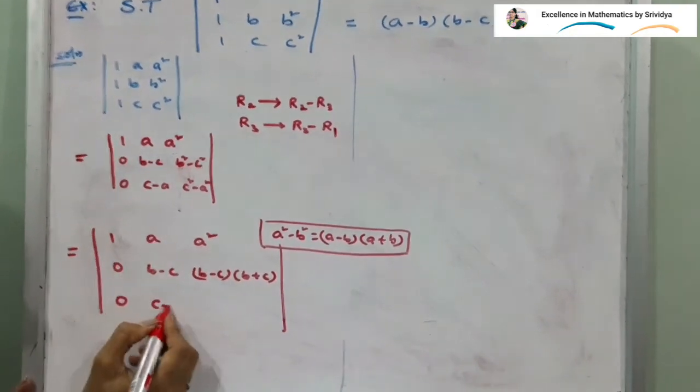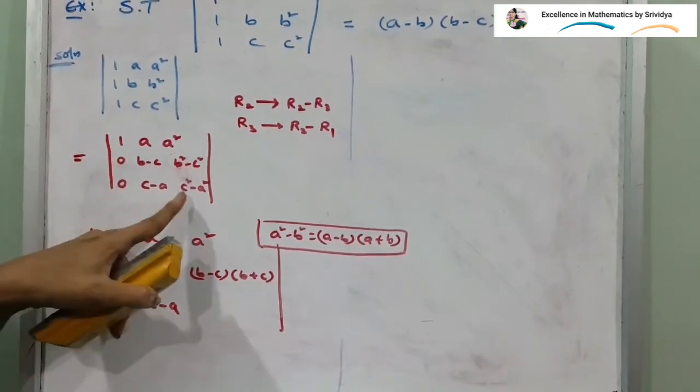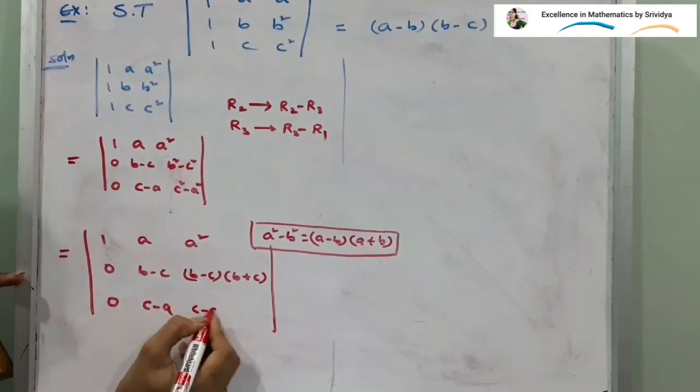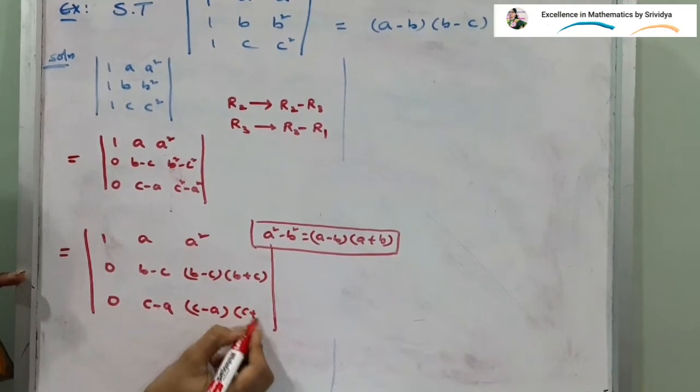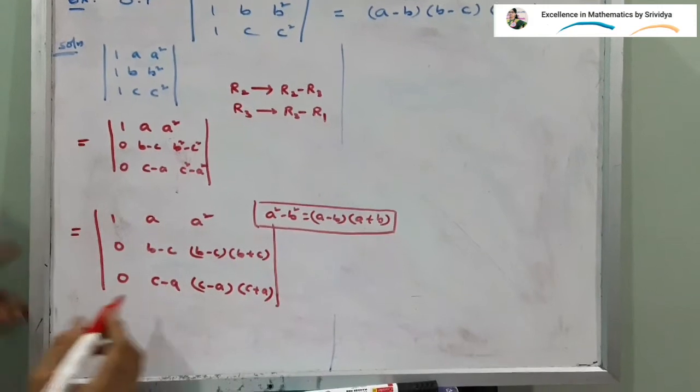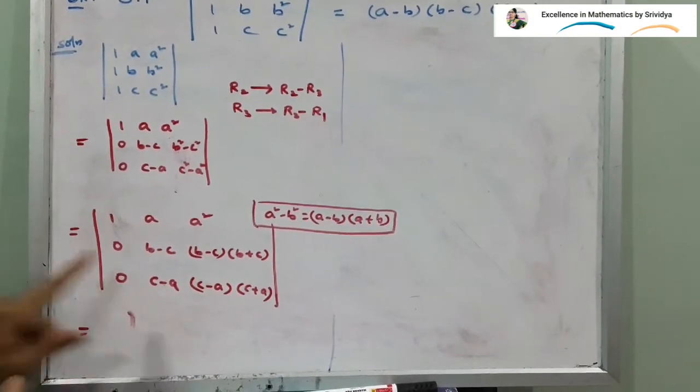Now the third row: 0, c − a, and again this can be written as (c − a)(c + a).